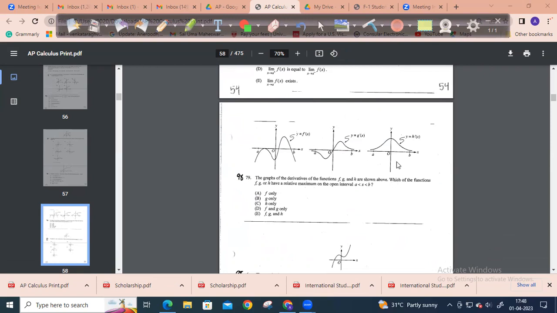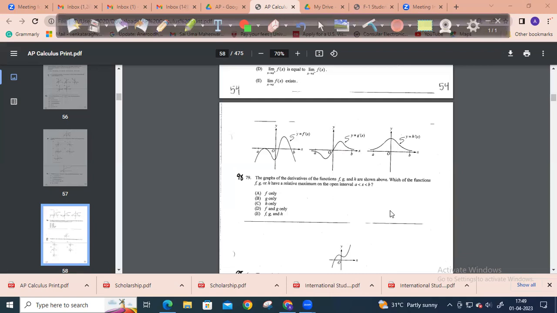They're asking which of the following functions have relative maxima on the open interval a to b.